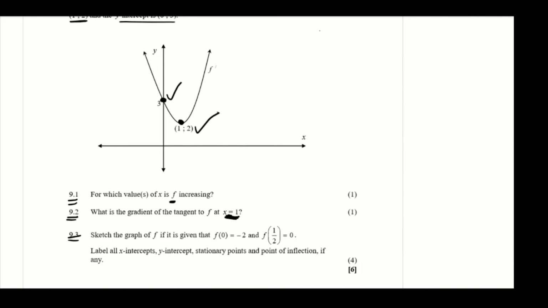9.3: Sketch the graph of f if it is given that f of 0 equals minus 2 and f of 1 over 2 equals 0. Label all the x and y intercepts, stationary points, and points of inflection, if any.